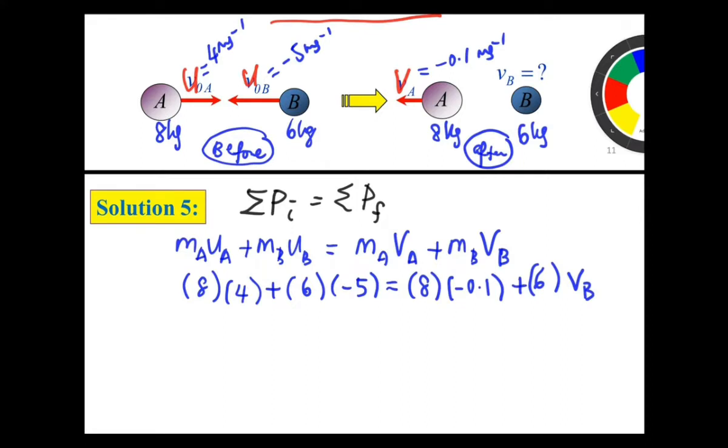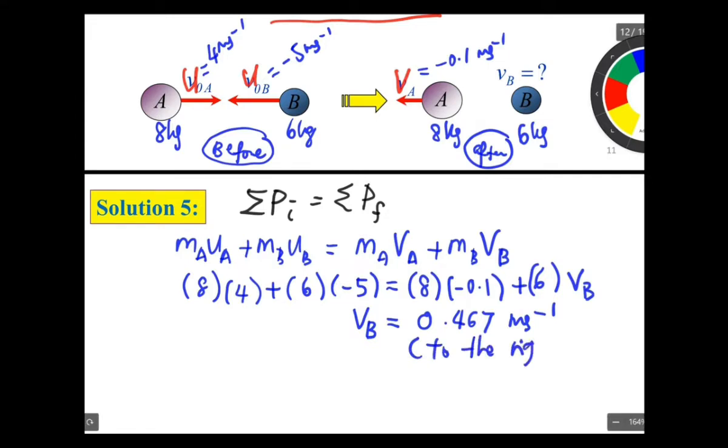Okay, so kita dapat VB is equal to 0.467 meter per second. So the value of VB adalah positive. So direction to the right. Sebab apa? Sebab positif kat sini.